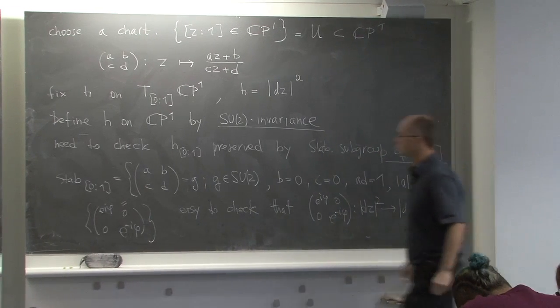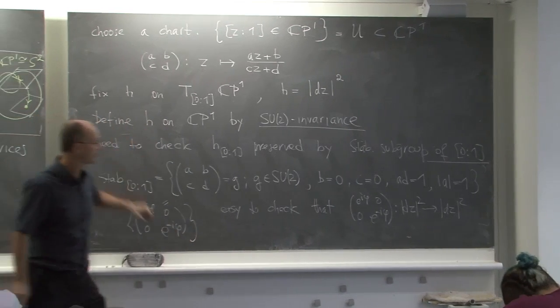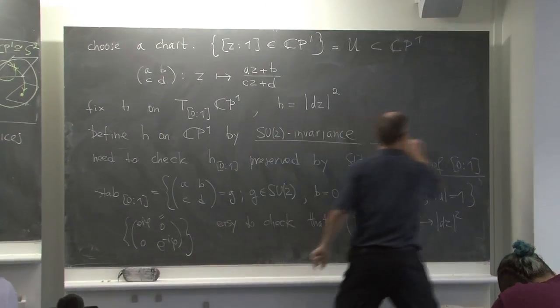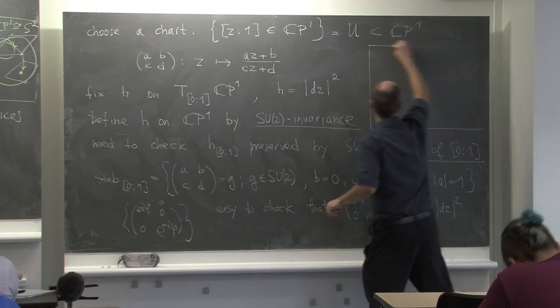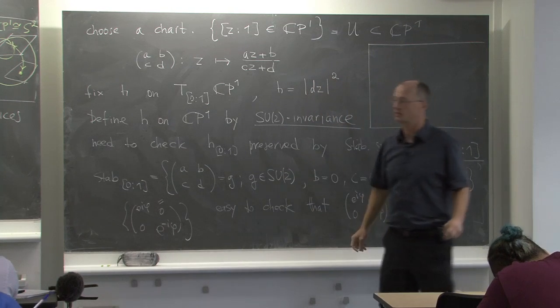So this means that this H exists, and it defines an SU2 invariant Hermitian structure on CP1.